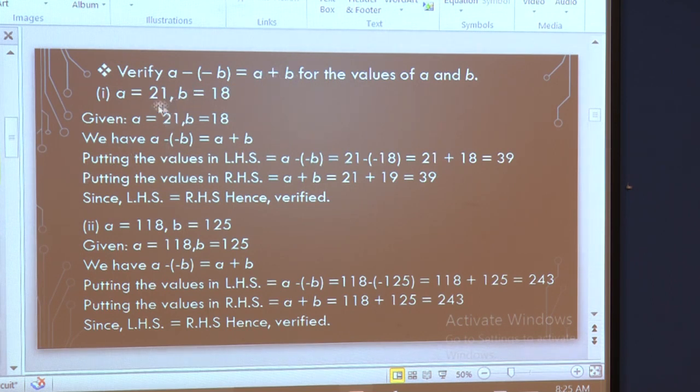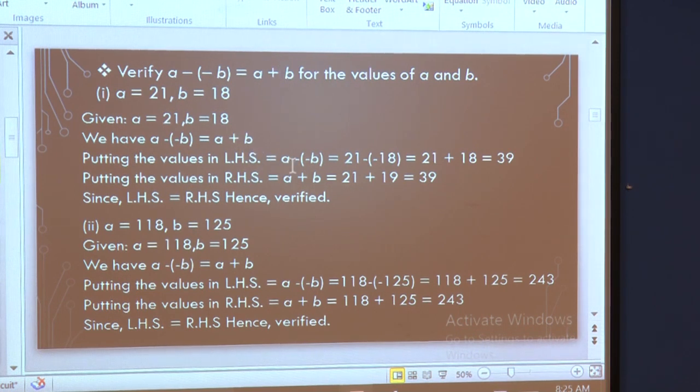Substituting the values of A in the given expression, I will substitute 21 in the place of A because I had written my expression here. This expression is on the left hand side and this is on the right hand side. We have to prove that the left hand side is equal to the right hand side.